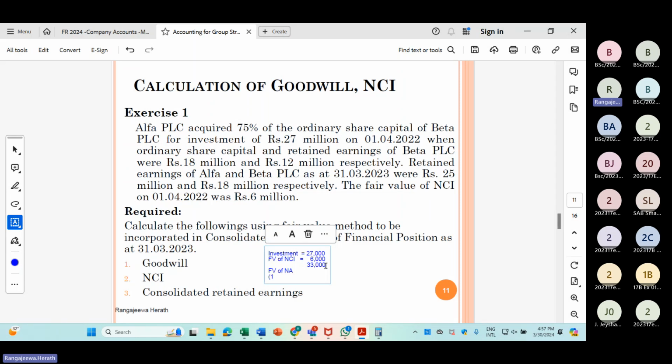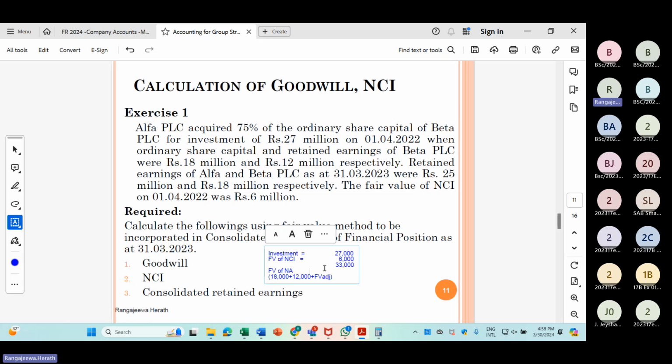Stated capital at the date of acquisition 18 million. Retained earning 12 million. Sometimes there may be fair value adjustment. Right? We have discussed when we have fair value adjustment, we have to take that into consideration. Now this question we don't have fair value adjustment. So simply it is 18 plus 12, 30 million.